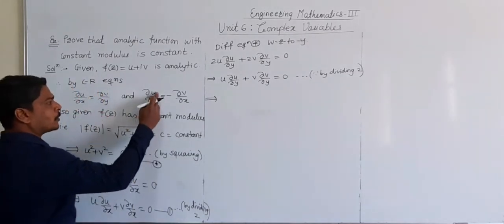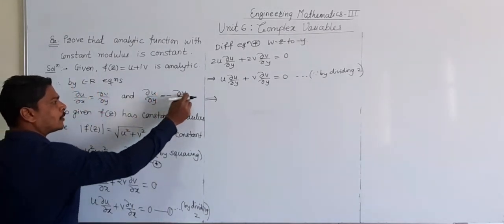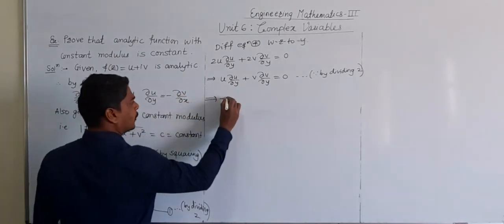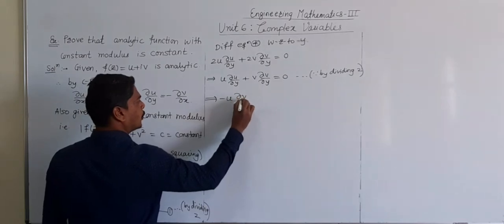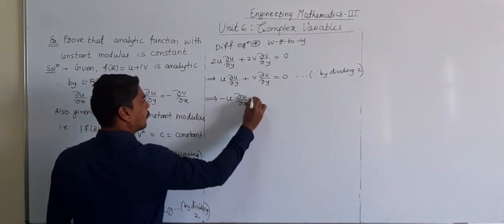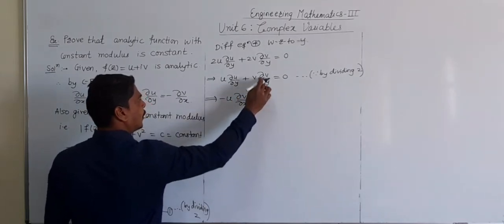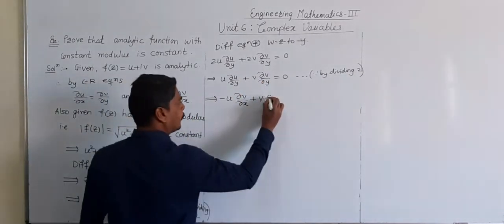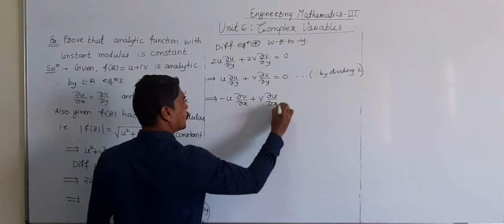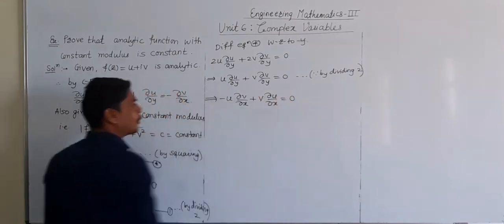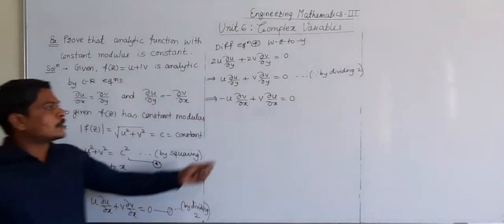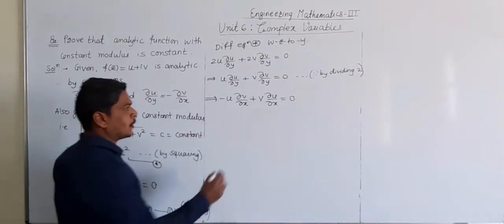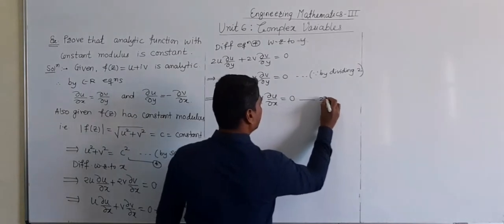We know that partial derivative of u with respect to y becomes minus partial derivative of v with respect to x. So this term becomes minus u into partial derivative of v with respect to x plus v as it is, and we know that partial derivative of v with respect to y becomes partial derivative of u with respect to x. In that way we get this equation in partial derivatives with respect to x. And now this is our equation number 2.